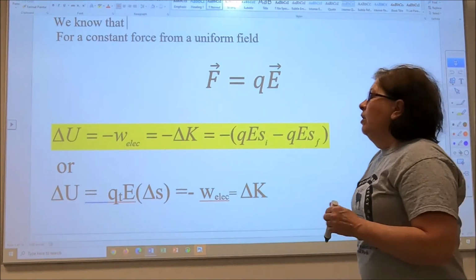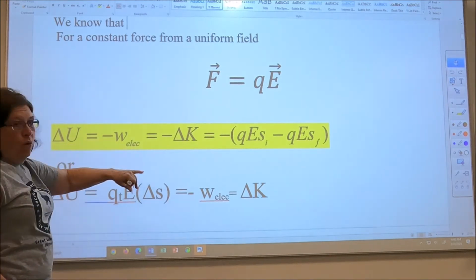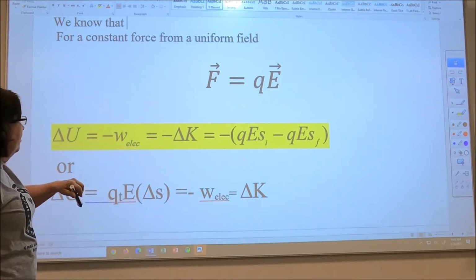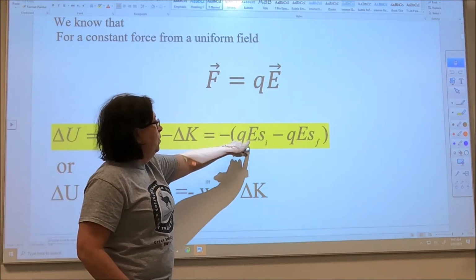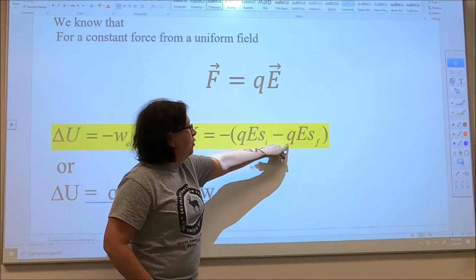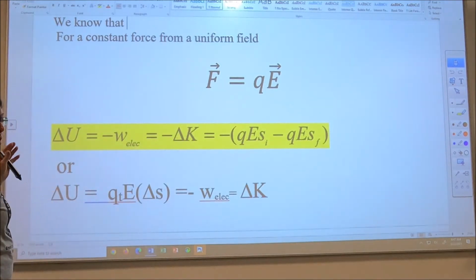Okay? Change in electrical potential energy is equal to the negative of work done by the electric field, so minus delta K, which is minus QE S initial minus QE S final. And remember, the lower S value is toward the negative plate.